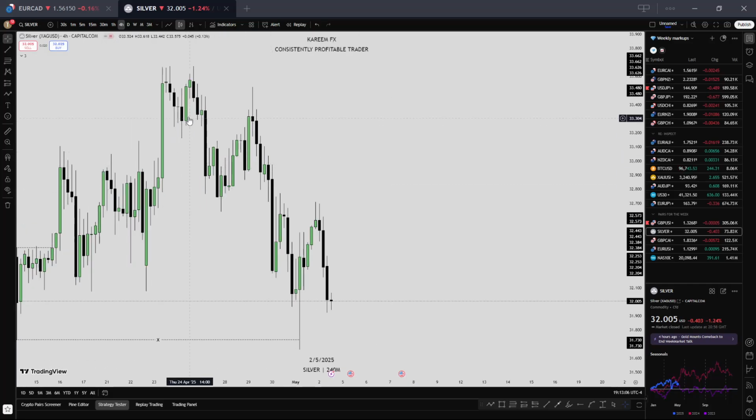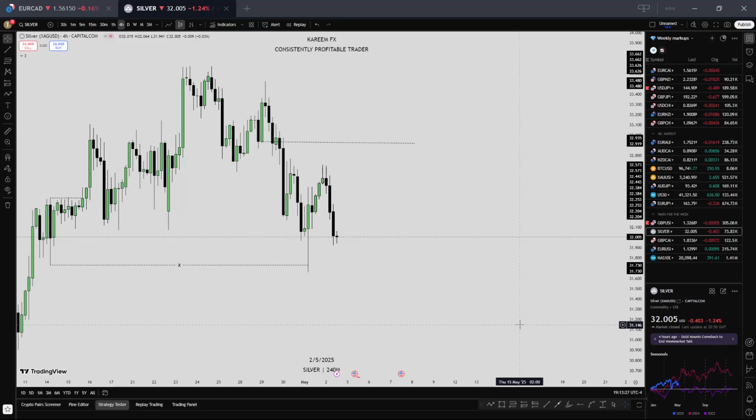So, as you can see here, this is our other block. Price left from liquidity over here, came and took it out and then came back to the level and pushed back down. So the current one is this level here, our current change of state, this one over here.